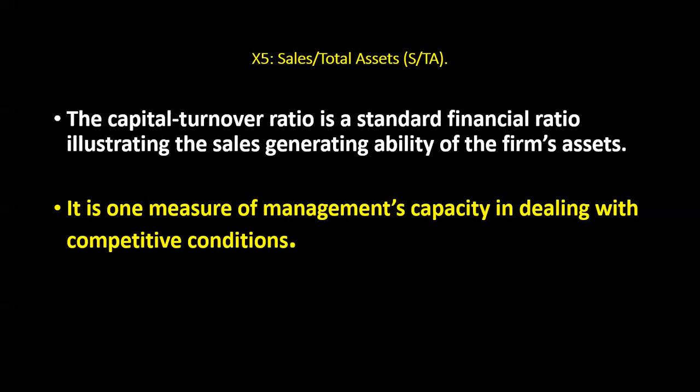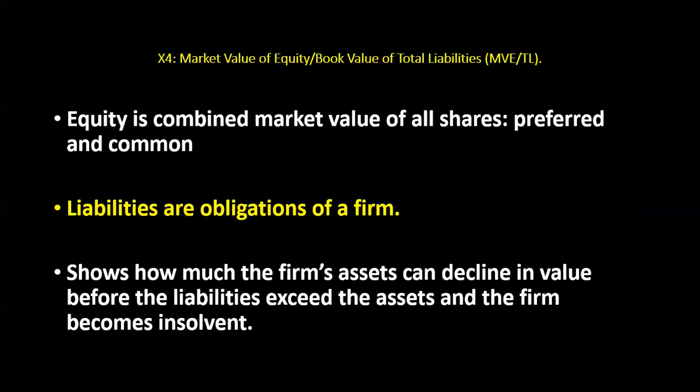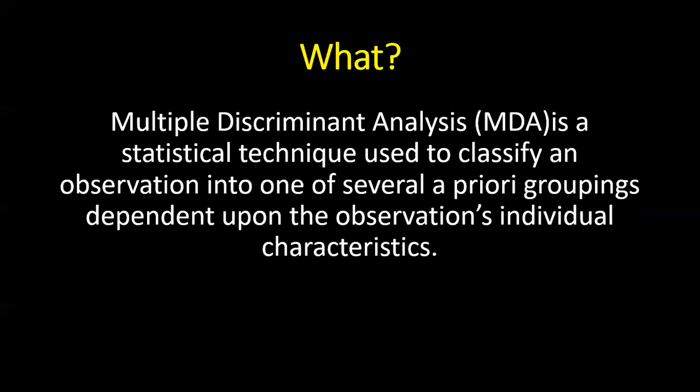So X1, X2, X3, X4, and X5 all capture profitability, solvency, efficiency, and of course, the profit generating ability of the firm. If we combine all these ratios, multiplying each ratio with a given weight as determined by the MDA or the model, we get the Z-score.